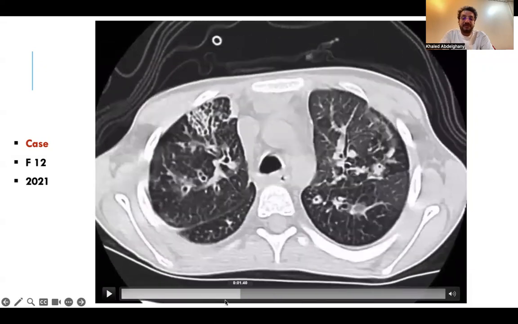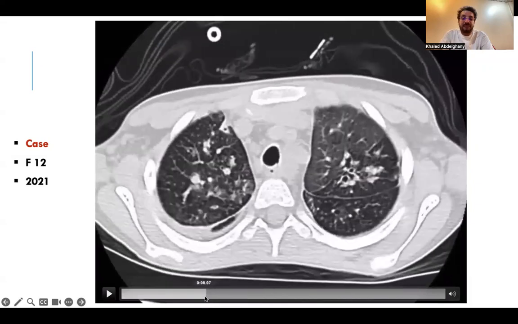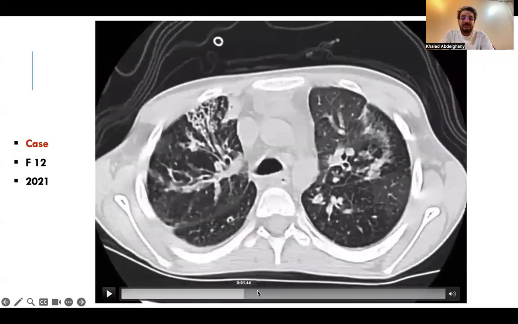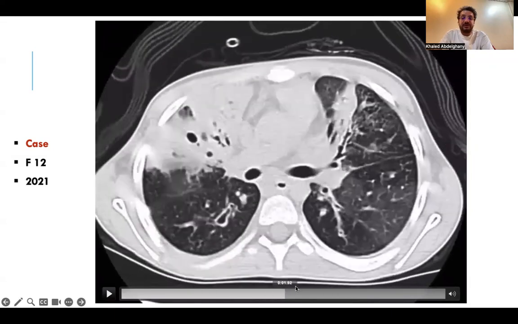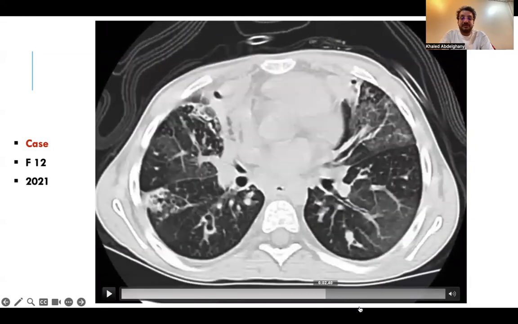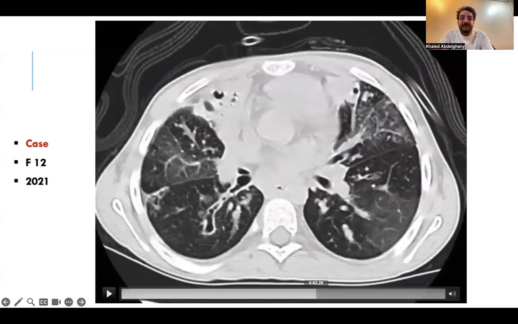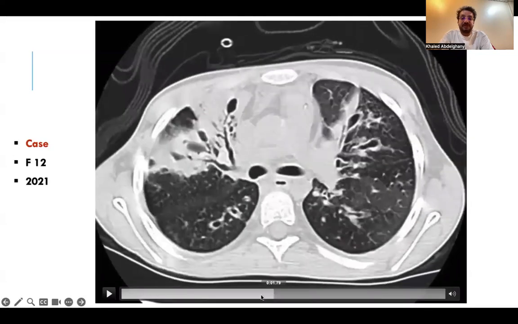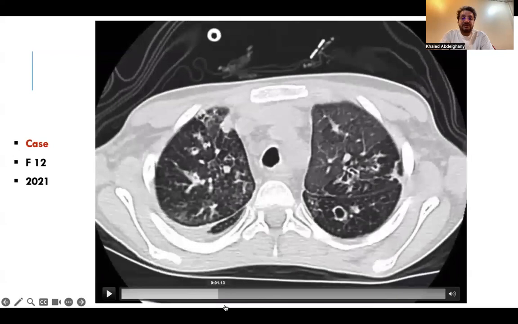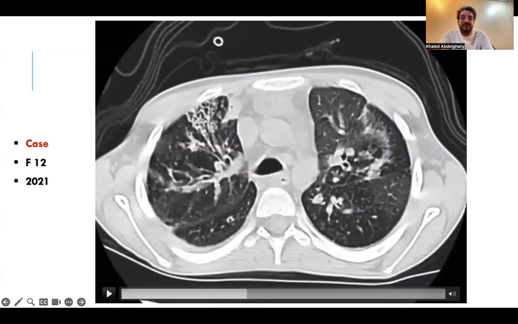These are the three classic findings in cases related to chronic chest infection. Here we have consolidation with air bronchogram in both upper lobes in association with the bronchiectasis due to old infection.